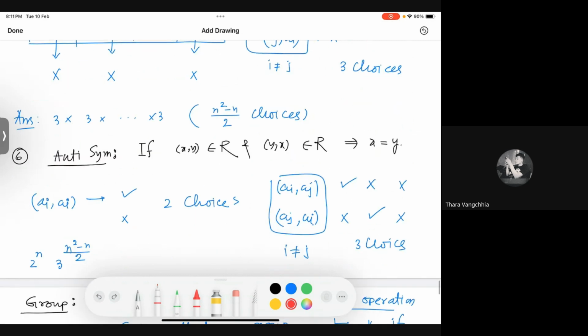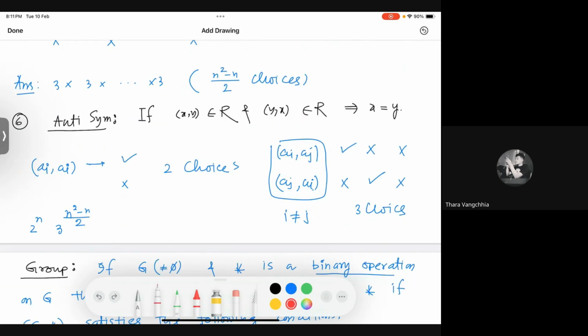Now, how many antisymmetric relations on the set G? What is the definition of antisymmetry? If (x, y) belongs to R and (y, x) belongs to R, then it will imply x is equal to y. So (ai, ai) has two choices. How?